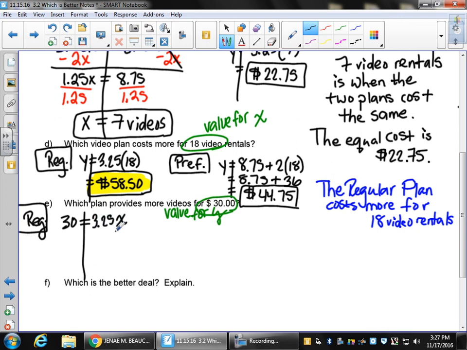We're going to solve for the number of videos. Divide both sides by 3.25. I got x equals 9.23, which is approximately 9.